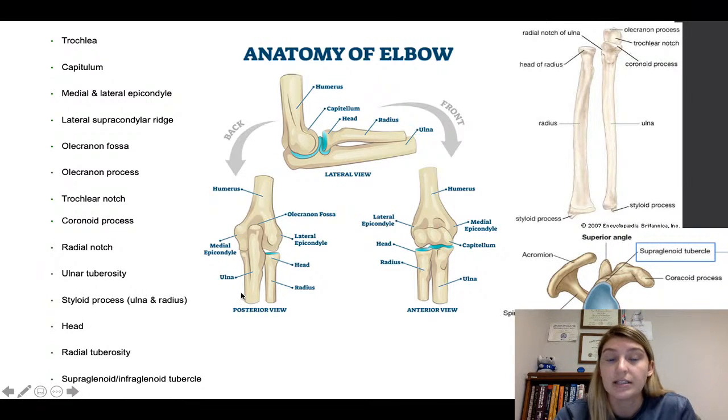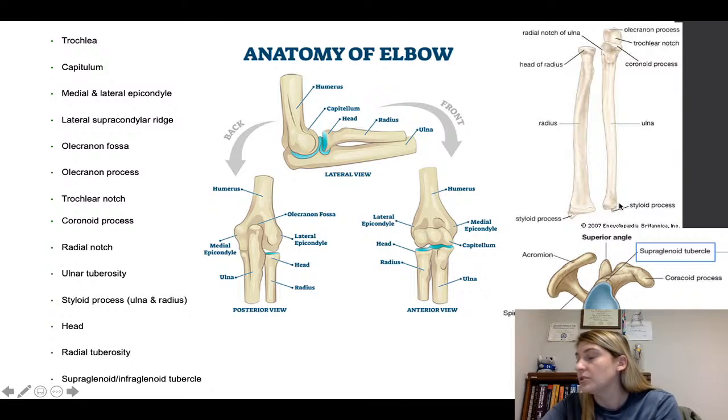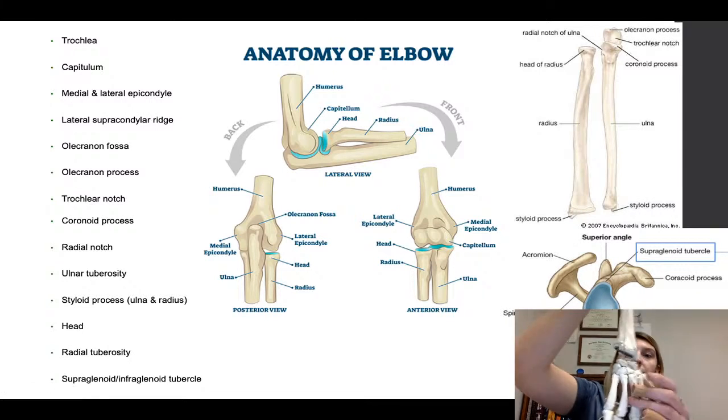Then styloid process, we haven't learned. But if we follow the radius and ulna all the way down, so distally, so the hand would be right here. The styloid process of the radius is going to be that very end little tip point. The styloid process of the ulna is going to be this little tip. So you can see it right here.